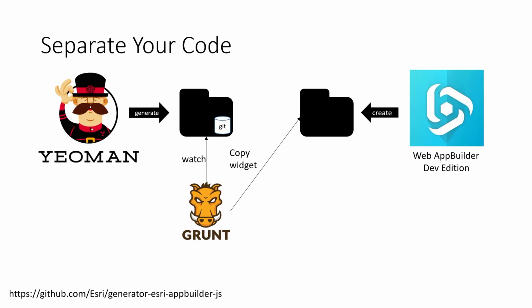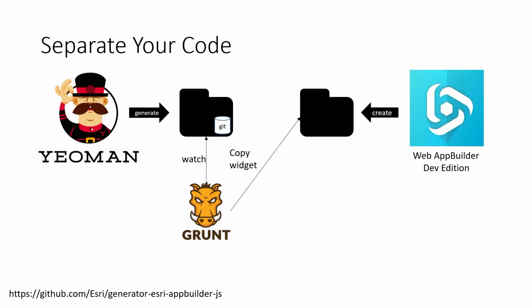The Yeoman generator is a great way to scaffold out a project that will give you widgets for you to develop in, and it even comes with everything you need to automatically copy those widgets into your Web App Builder Developer Edition project. That way, as you're coding in your repository, you can see live with refreshes the output of your work.